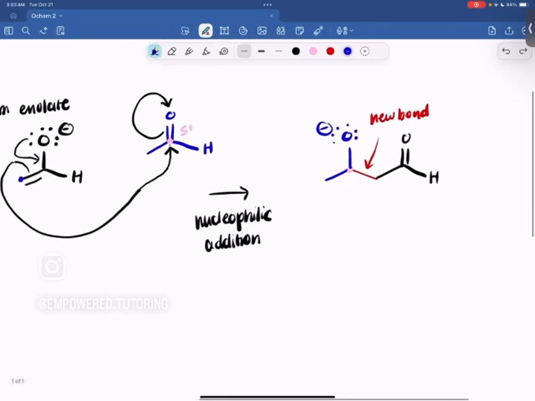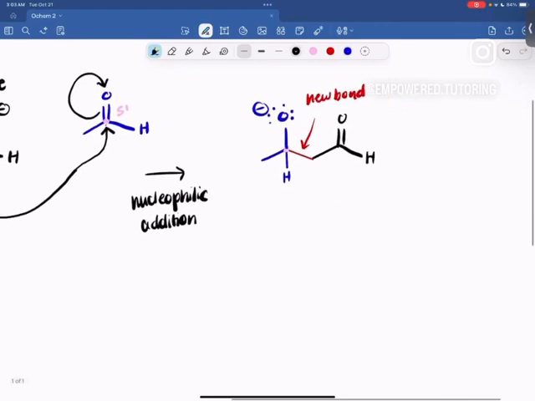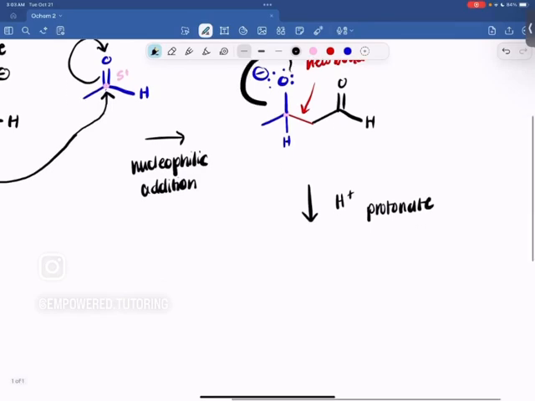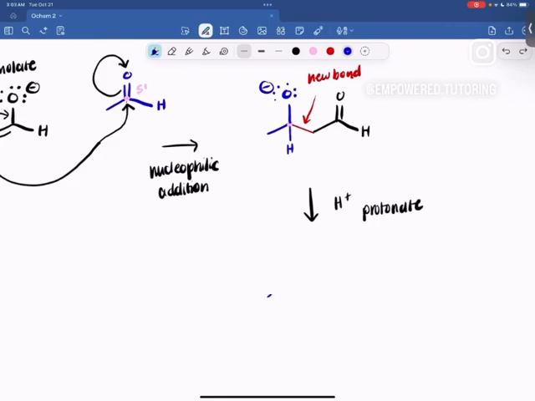To make your life easier, you can draw the hydrogen right there. Now we're almost there. We just need a protonation step with some acid to protonate that negatively charged oxygen, and then we create our desired product, the aldol.